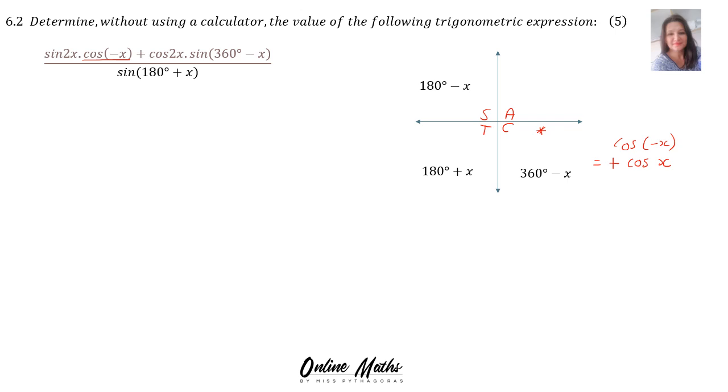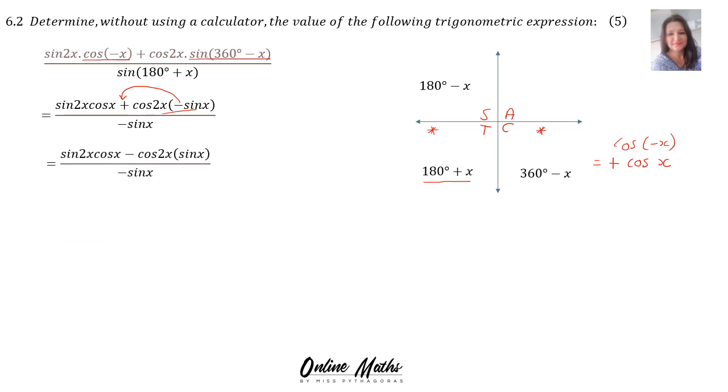And then sin of 180 plus x, this is the 180 plus x quadrant, the third quadrant, and sin is negative there, so that one will also be minus sin x. There, I did it for you. Then in the next step, this sin of 360 minus x that became minus sin x, this minus will go to the front there. And then you must be able to recognize the compound angle. sin 2x cos x minus cos 2x sin x, that is the compound angle for sin of alpha minus beta.